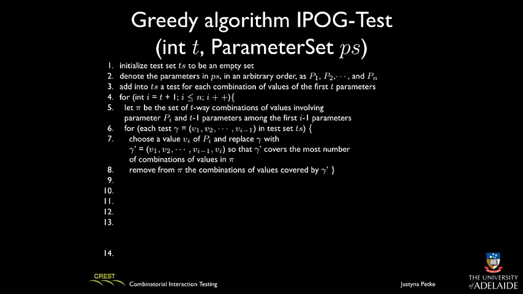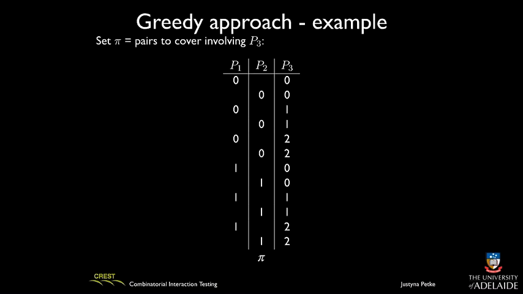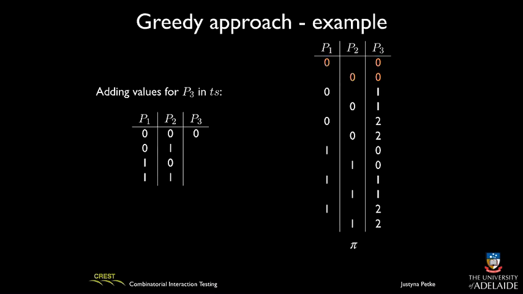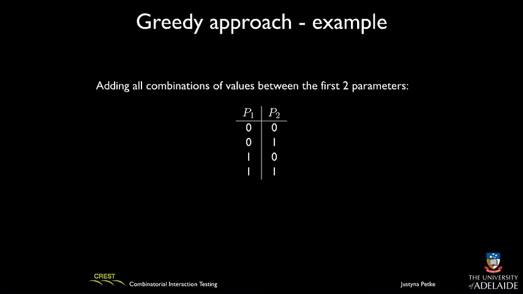So pi was this list of 8 or 16. So this is all pi. So it covers as many of these combinations as possible. And then we'll remove from pi what we are covering. We'll see this. So this was previously our test suite, go back. Oops, sorry.